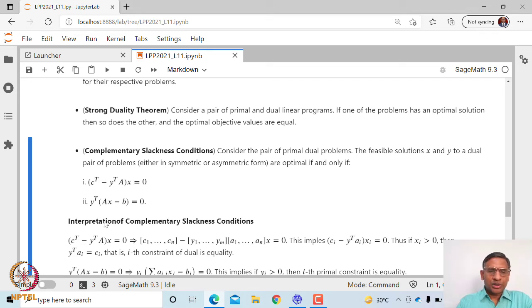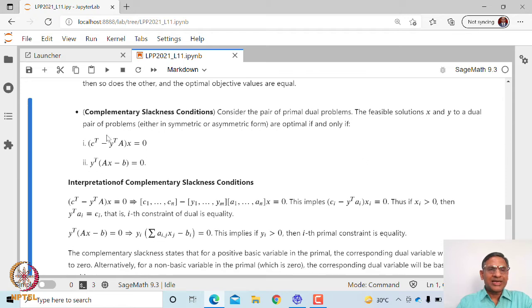Now if you play with these two equations and write them in component form, let us look at the first one. C we will write as C1, C2, Cn. So C transpose is the row matrix C1 C2 Cn, minus y transpose, which will be y1 y2 ym. We are assuming that we have m constraints and n design variables.